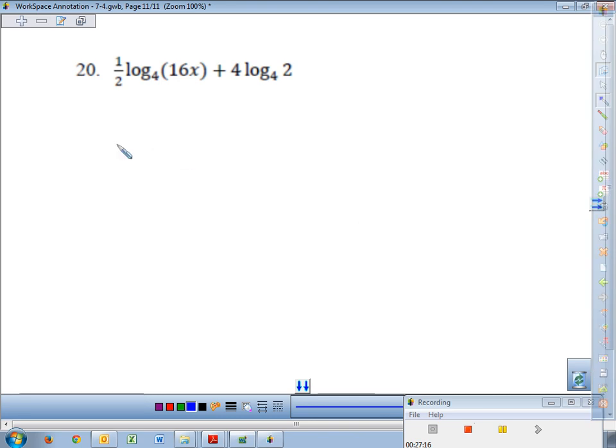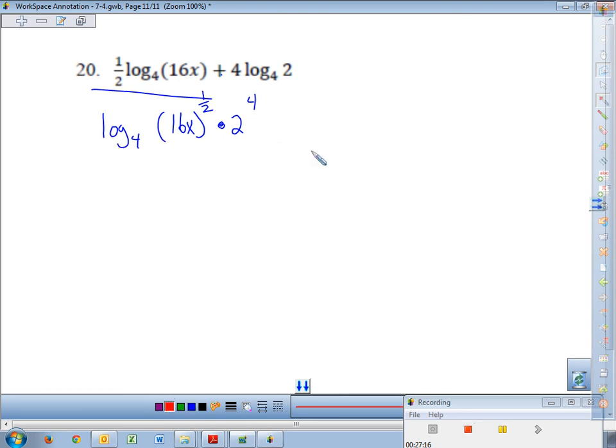Yes or no? So that's log base 4 of that 16x to the 1/2, right? Isn't he upstairs? You all cool with that? And then the plus means you're doing what with these? Multiplying, and isn't this going to be upstairs also? 2 to the 4th, right?